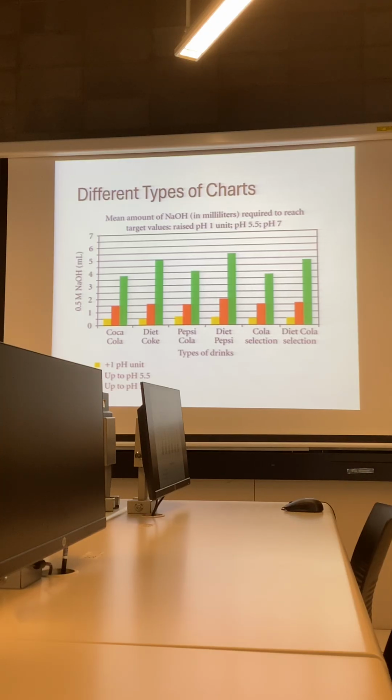So you can see that with a bar chart, usually you can compare three kinds of categories, for example the yellow, red, and green. Of course, you need to give different colors. Otherwise, if you have the same color, you cannot differentiate.